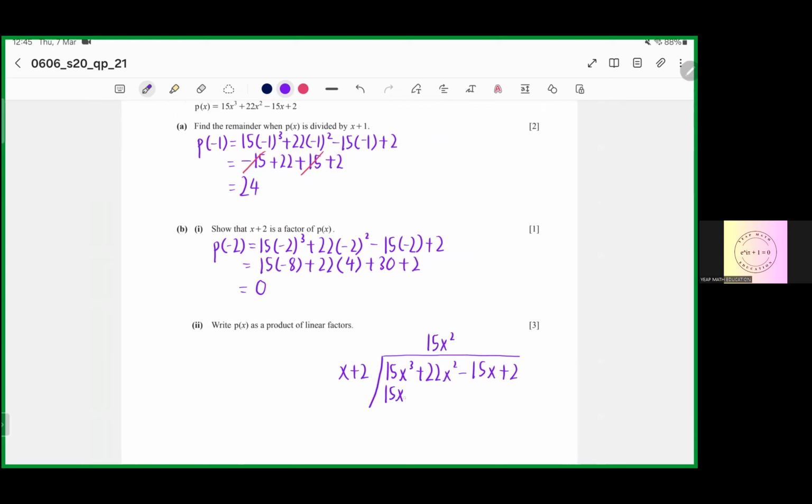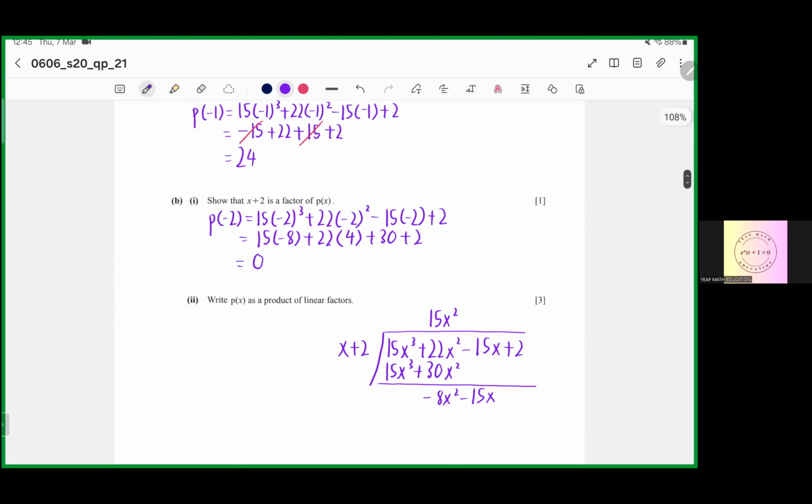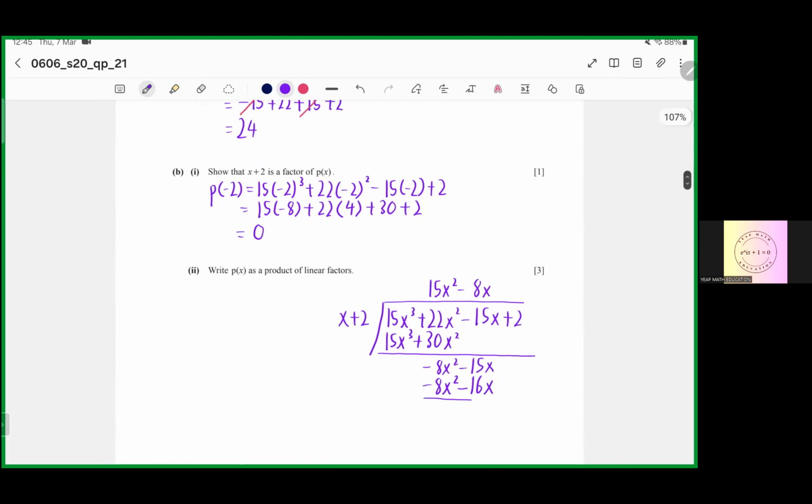Now we get here 15x cubed plus 13x squared, over, we get negative x squared minus 15x, is 8x minus x squared minus minus 16x. And then after that, we get x plus 2. So we just here plus 1.